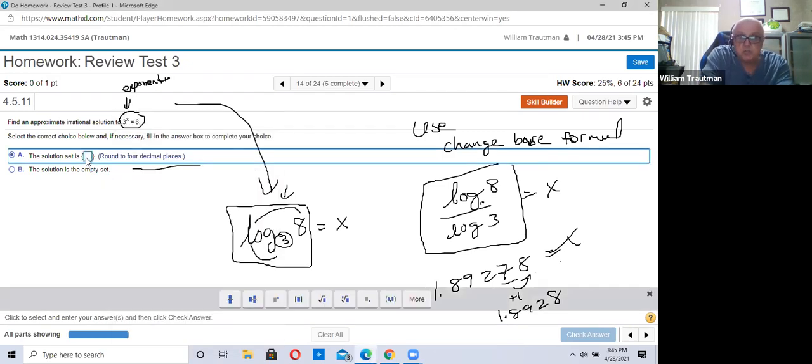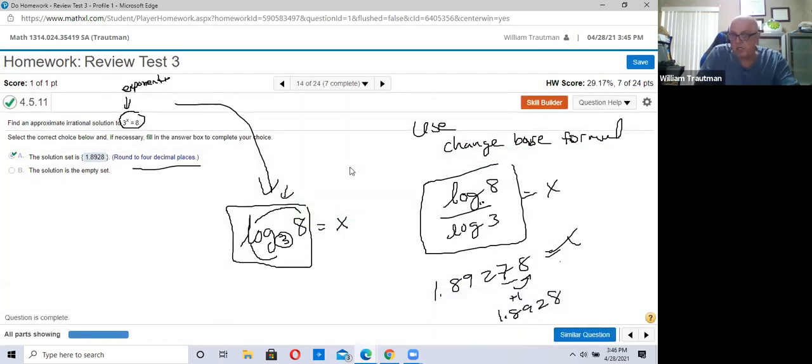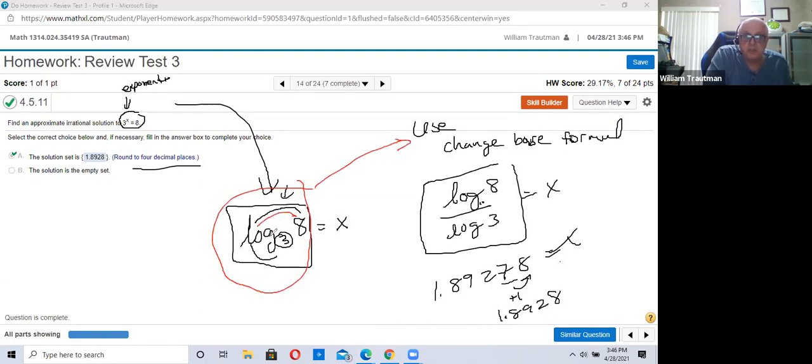So on the test, it will say use the change of base formula. The answer is 1.8928. And that's it. On the test, you will just see it in log form, and they'll say use the change of base formula, log 8 over log 3.